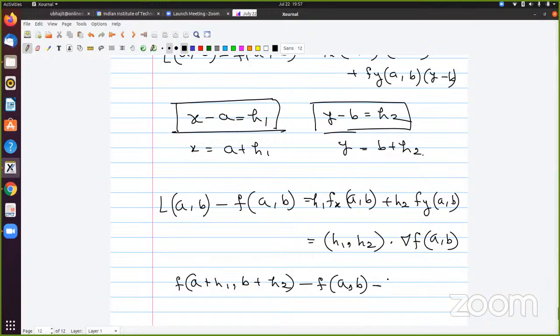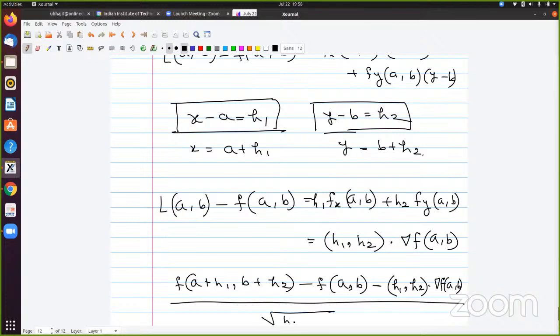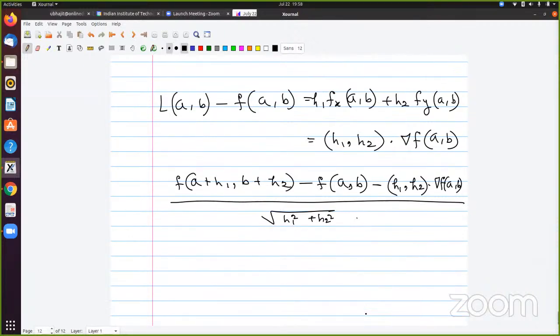That is what approximation is. So this is h1, h2 dot the gradient of f at a, b, divided by the norm of h. Basically the norm of h means root over h1 square plus h2 square, right? So this is what we need.